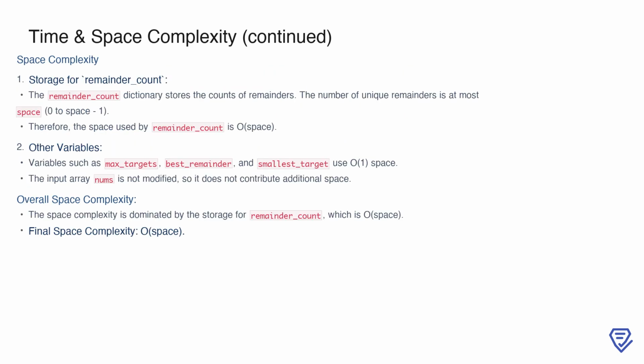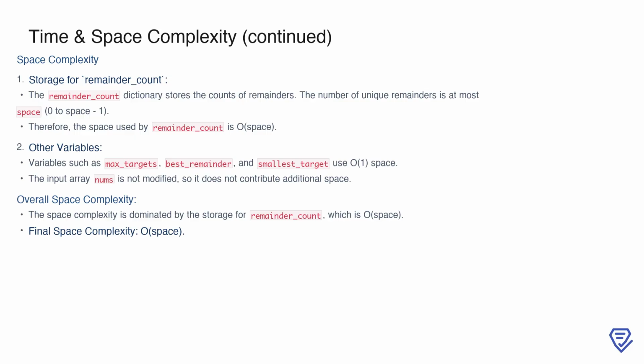Now, let's examine the space complexity of the solution. The main contributor to the space usage is the remainder_count dictionary. This dictionary stores the counts of remainders, and the number of unique remainders is at most space, ranging from 0 to space minus 1. Thus, the space used by the dictionary is O(space).